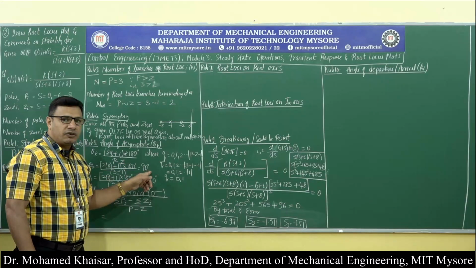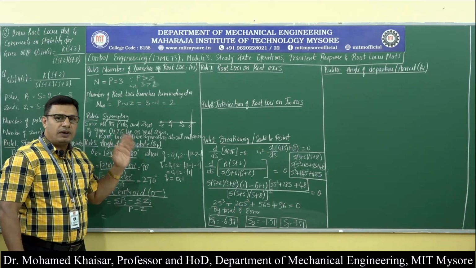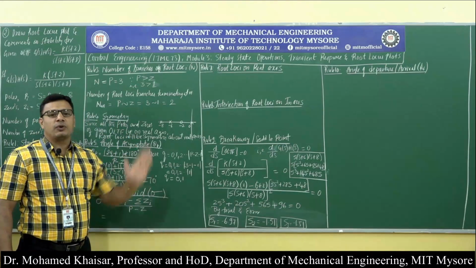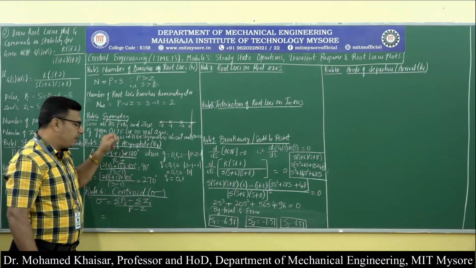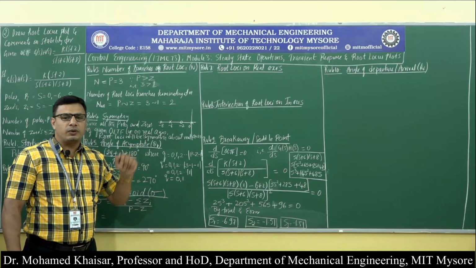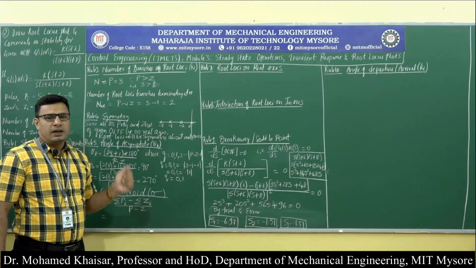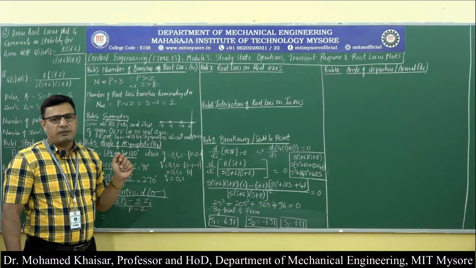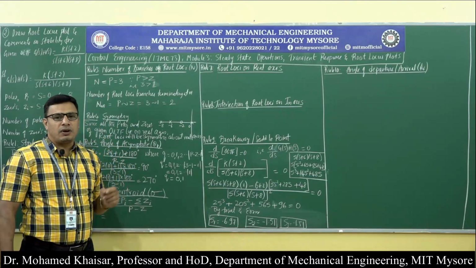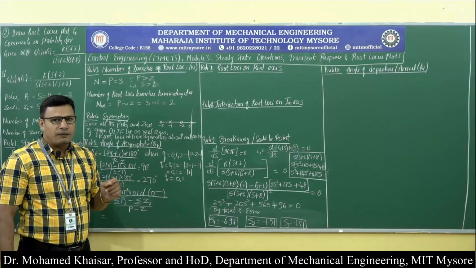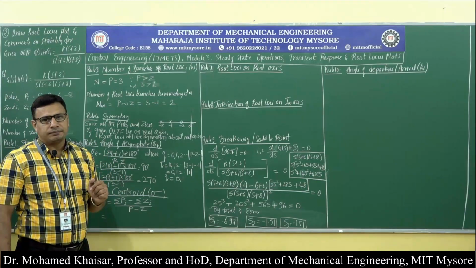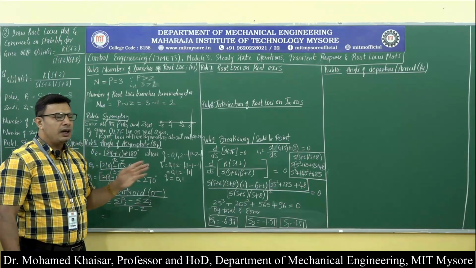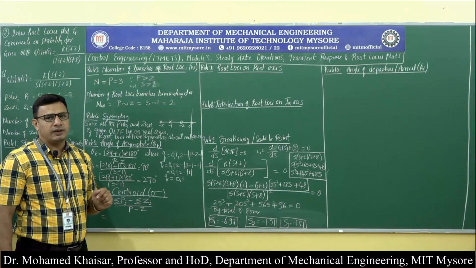So if the asymptotic straight line is at 90 degrees, the branch of root loci will also go at 90 degrees. If it is at 270 degrees, the branch of root loci will also travel along 270 degrees. So the branches of root loci are never going to cross or intersect the imaginary axis.